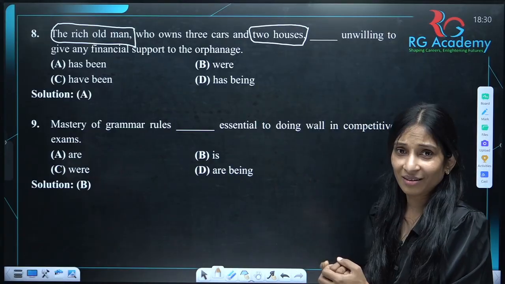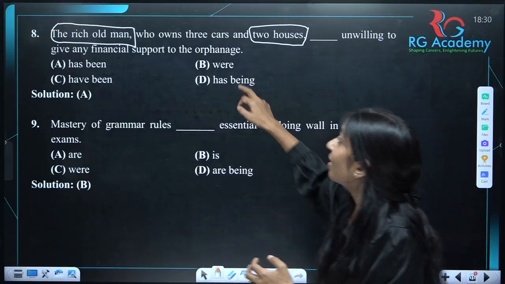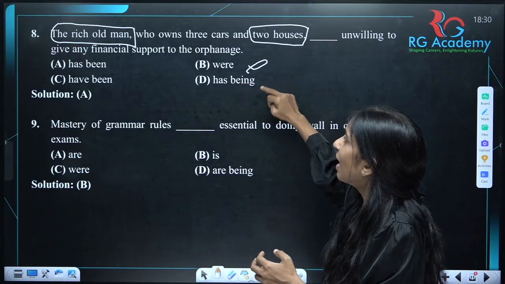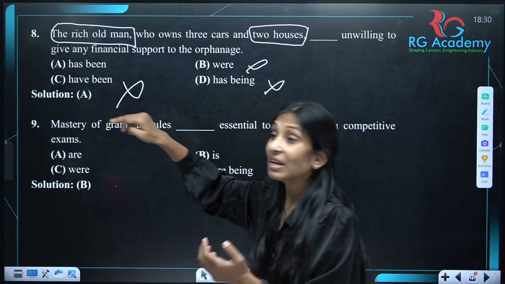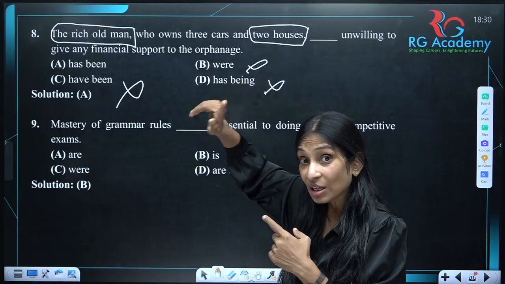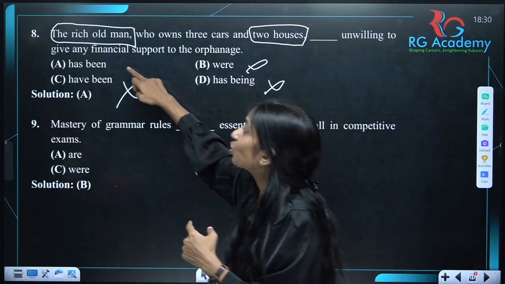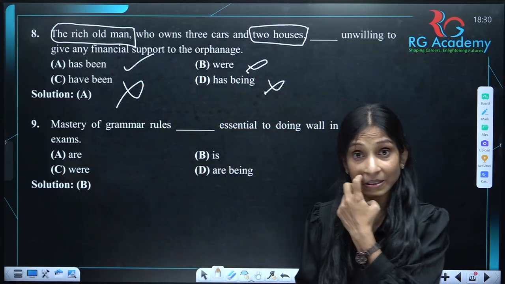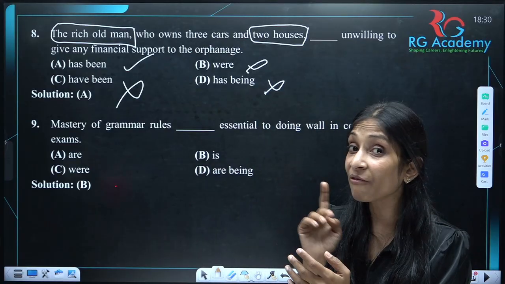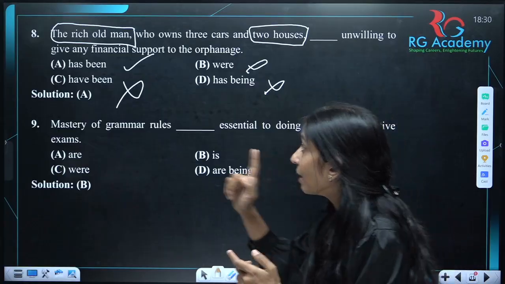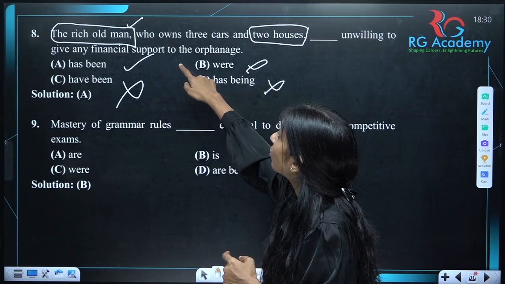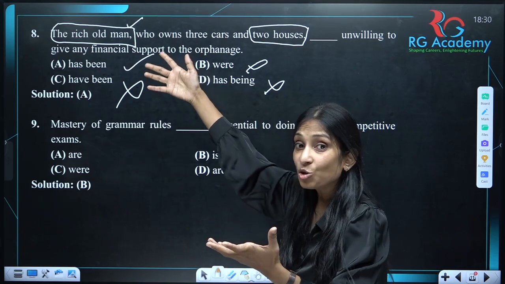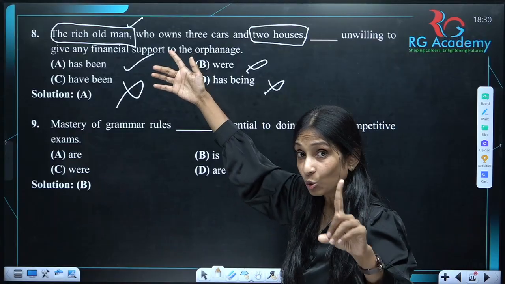A rich man. So for the rich man, the verb is singular, not plural. Have been is wrong because we need a singular helping verb. So has been is the correct answer. Now please understand why has been: number one, we are talking about a single man, because the person who has denied to provide financial support is singular, right?